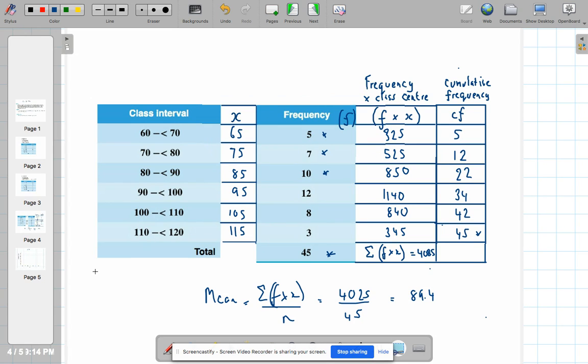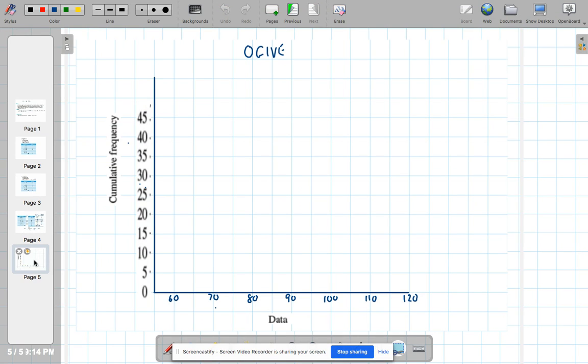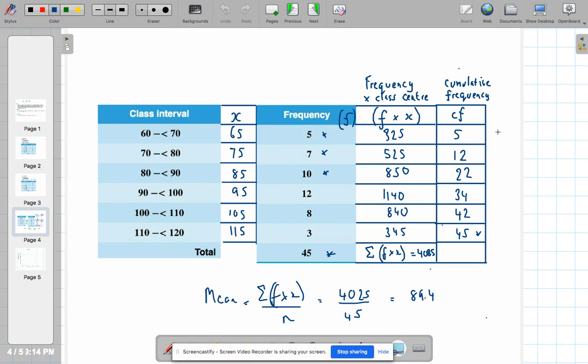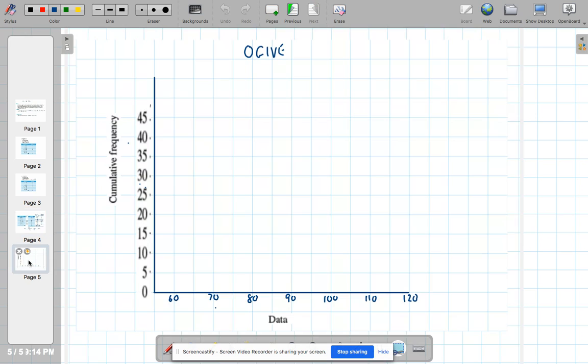To find the median, I first of all need to find these cumulative frequencies, and I have to draw up a thing called an ogive. Now, this is tricky. You notice the cumulative frequencies go from 0 up to 45. So you can see there that I've got my axis for cumulative frequency set from 0 to 45.